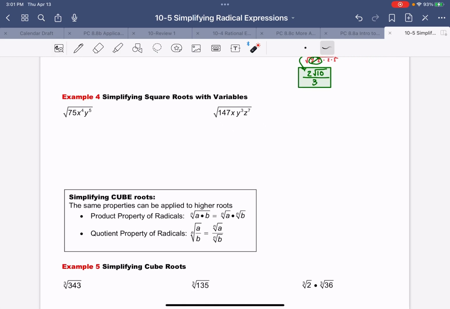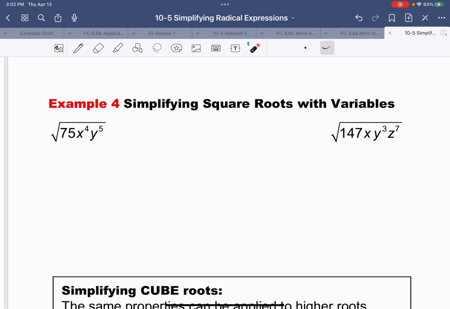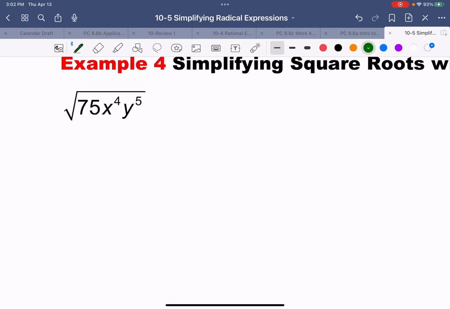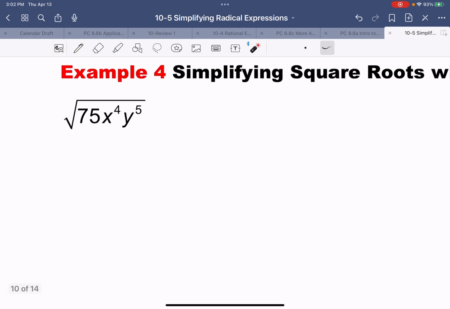Okay, this last section, we're going to have variables here. So I kind of showed you a little bit yesterday in class, is we can basically treat this as 3 different problems. I'm going to do a prime factorization with the 75, the x to the 4th, and the y to the 5th. It just takes a little bit of time, but show all your work. So we got 3 times 25.